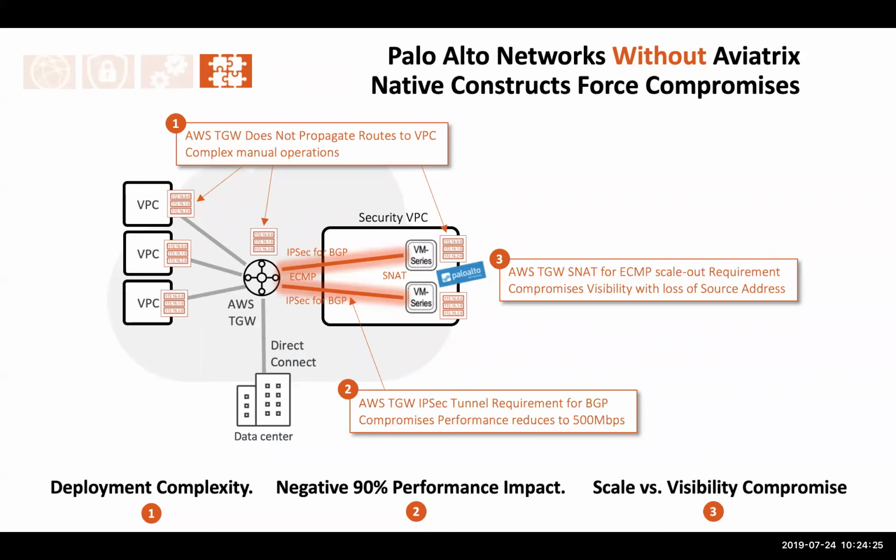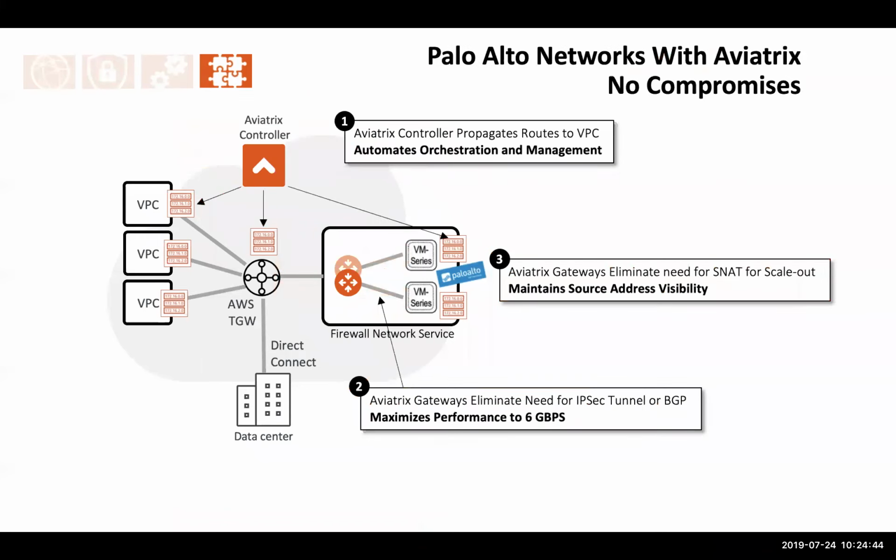This is going to reduce the performance down to about 500 megabits per second when the VM series actually has the capability to do 6 gigabits per second. It's also going to force you to use SNAT, so you'll lose visibility as you scale using ECMP. So using Aviatrix, we actually do a lot of things.